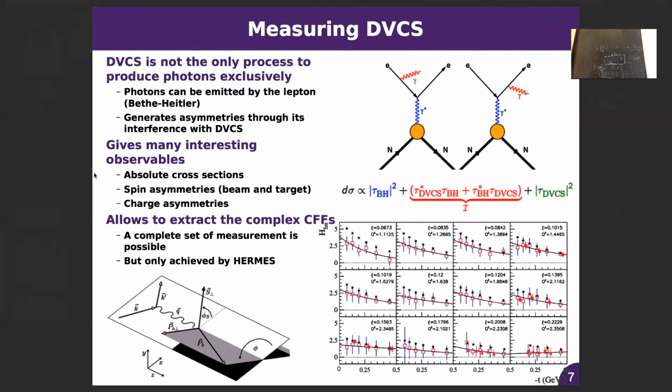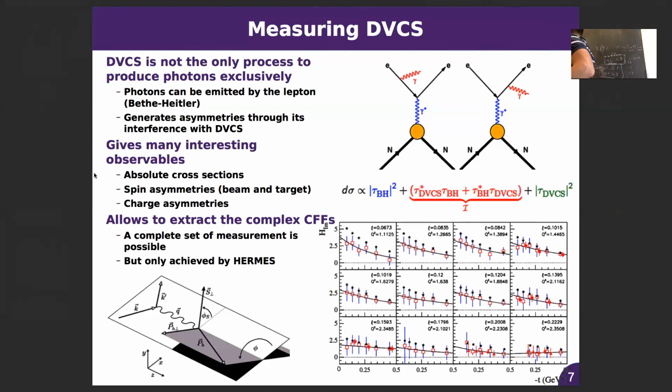And if you use all this theory, and I'll talk a bit more about it later, but just here you can see some fits. So eventually you can extract the imaginary part of H as a function of psi, t, and Q square, and you get a bunch of those points, which in turn you can fit as a function of t.